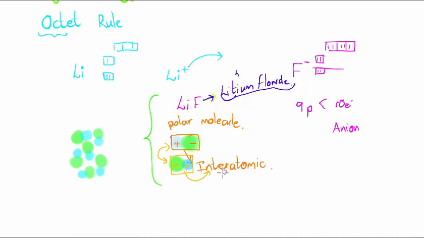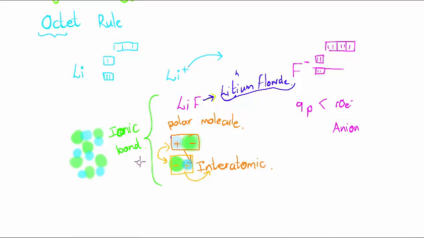The interatomic forces, this is called an ionic bond, when it's two ions that get together. Ionic bond. Okay, and ionic bonds happen because one doesn't want his electrons, the other one wants to give it away. That's when it happens.